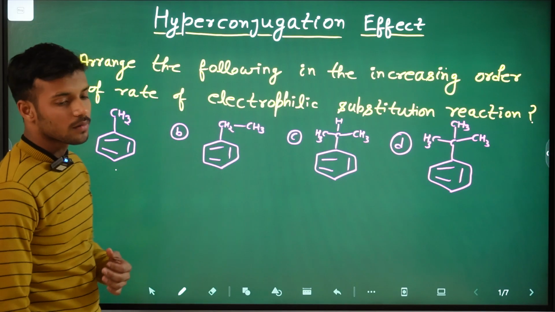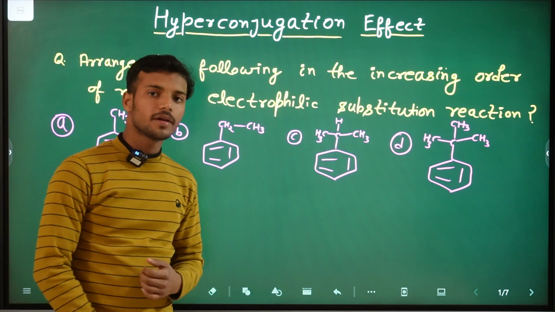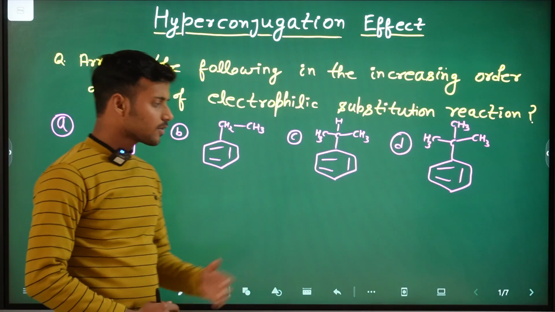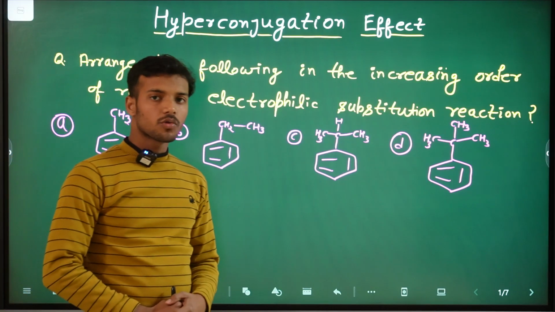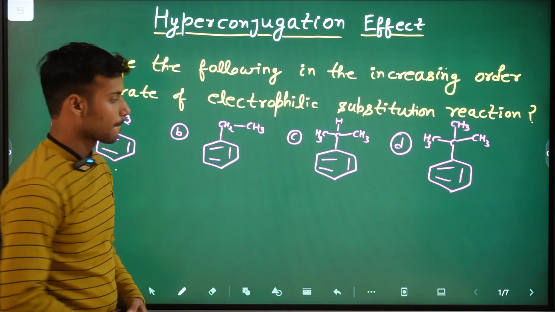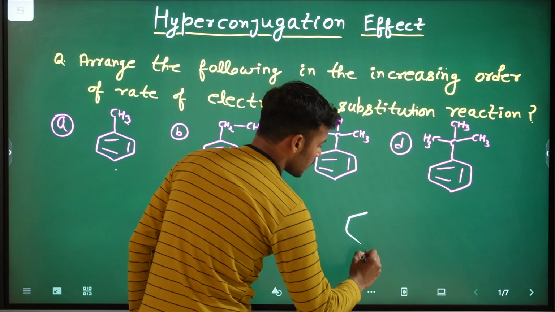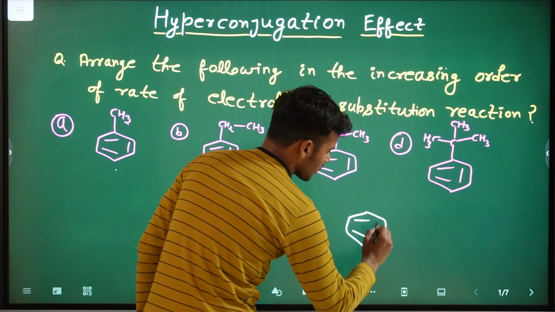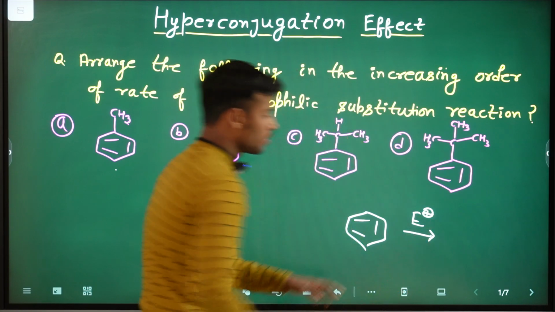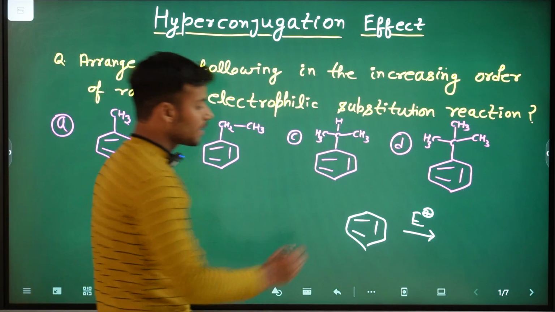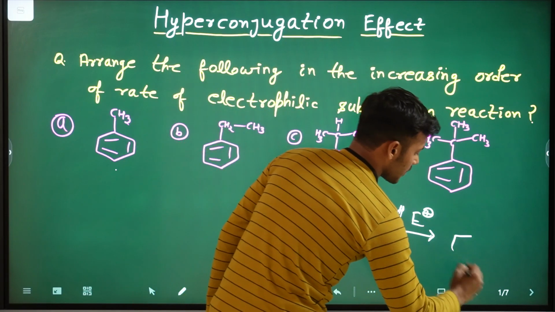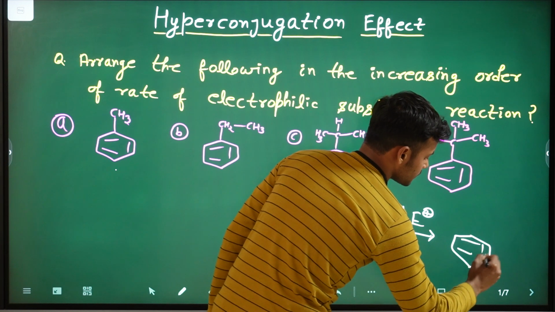What is an electrophilic substitution reaction? A chemical reaction in which an electrophile substitutes a functional group, typically a hydrogen atom, is called an electrophilic substitution reaction. We can take one example: the electrophile will attack the benzene ring, substitute one hydrogen atom, and make this product.